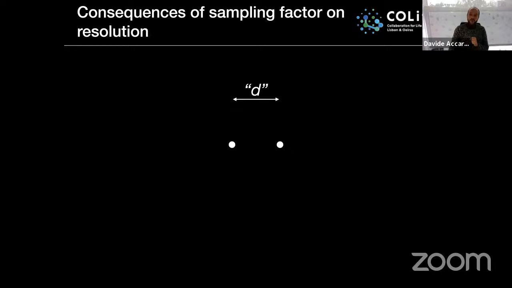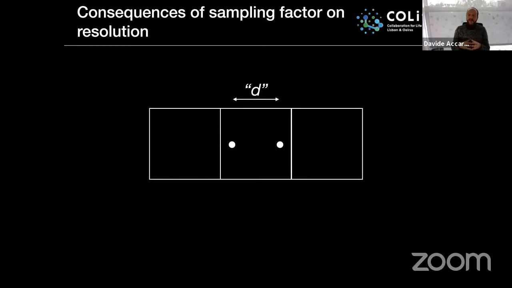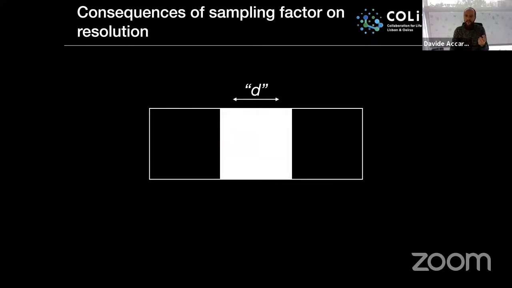In fact, if we choose a pixel size for our image that is too large, then the two objects will fall in the same pixel, and in the conversion from analog signal to digital image, they will be converted into an image that has one single bright pixel. So we will see one single object in our digital image, and we will not be able to resolve the two objects anymore. So we are losing resolution and information.